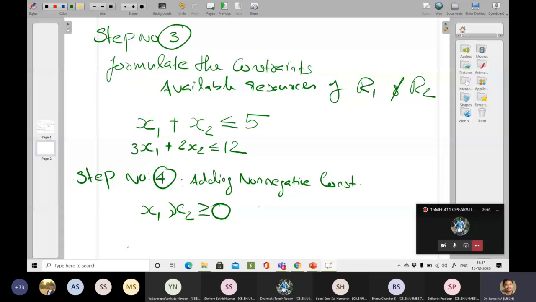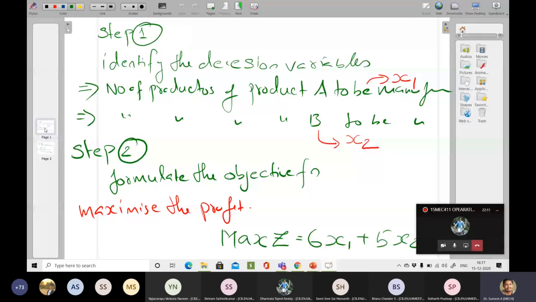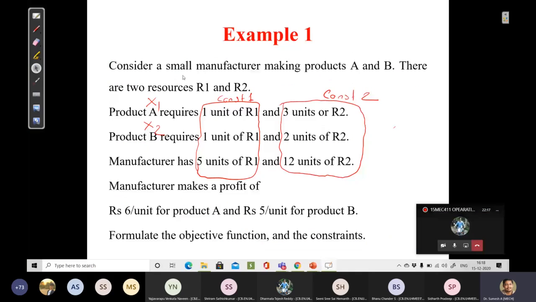Now you have the mathematical formulation for the given problem. I will just repeat from the first and show you the problem once again. There is a small manufacturer making two products A and B, using two resources R1 and R2.